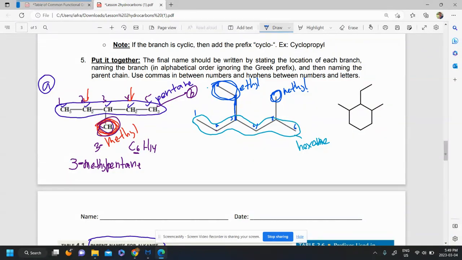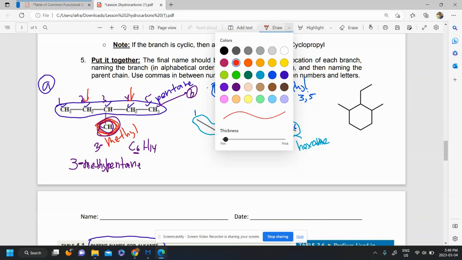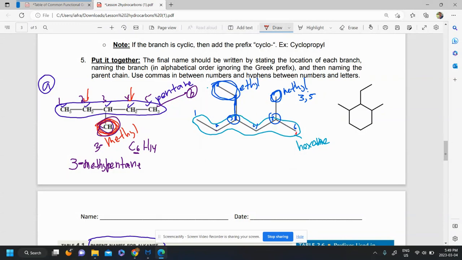If I number from the left side, my substituents are 3 and 5. All right, 3 and 5. Let me now number from the right side. 1, 2, 3, 4, 5, 6. If I number from the right side, my substituents are 2 and 4.